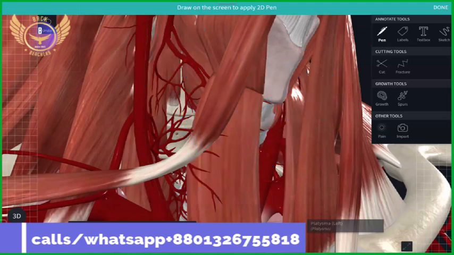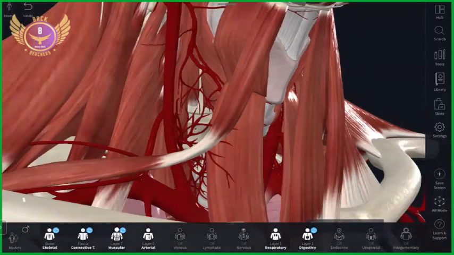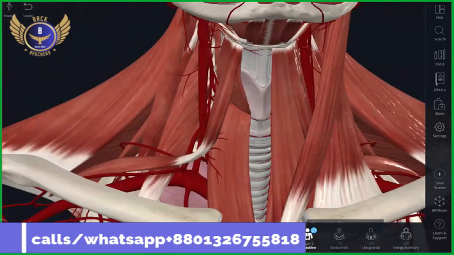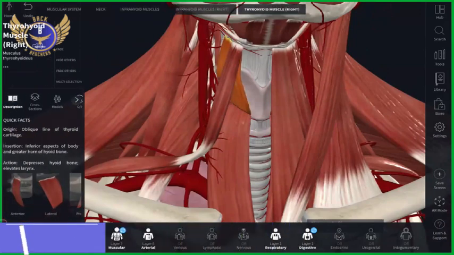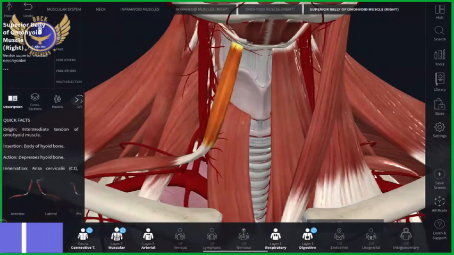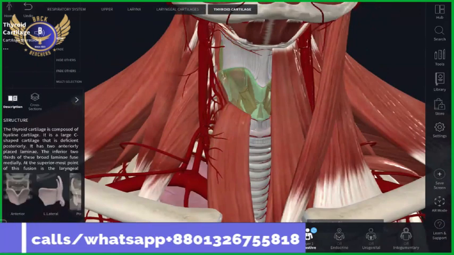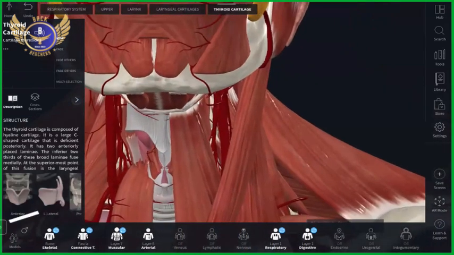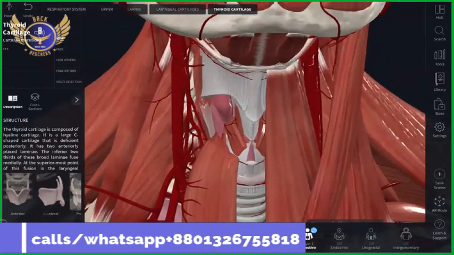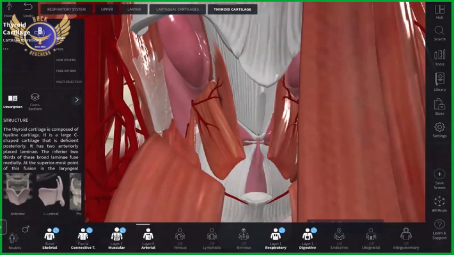Okay, you have to know the laryngeal muscles, and these are very tiny muscles and not possible to show here. Still, I'm showing you a little bit, not so important. Just see.